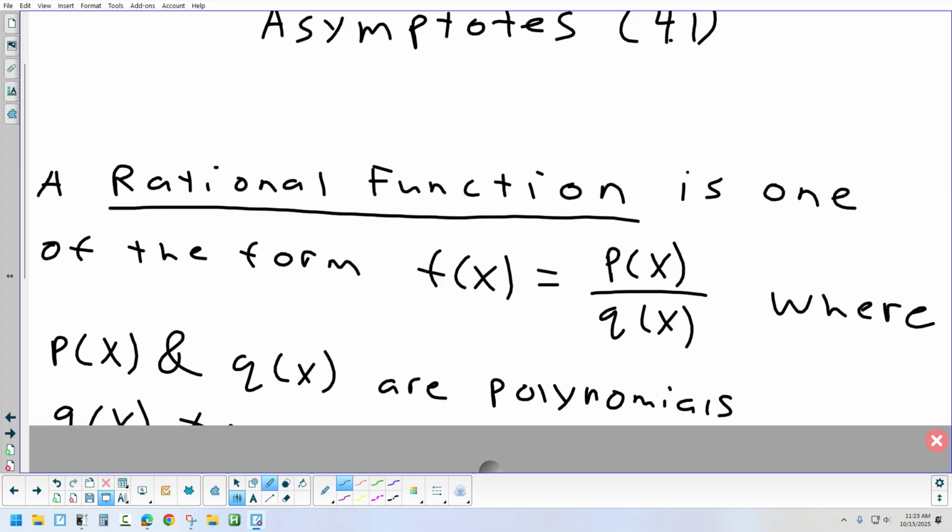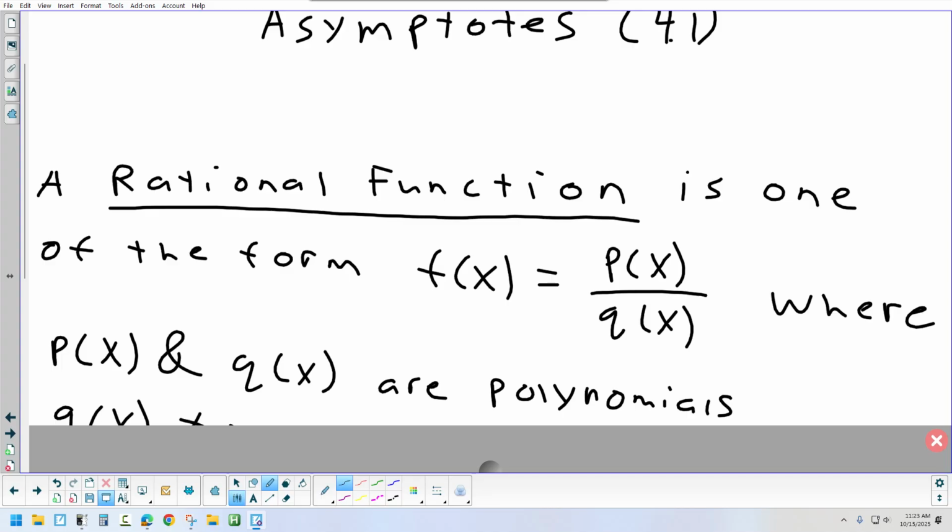When we were dealing with just polynomials, what was the domain for polynomials? Yep. It was all reals. Now we're dealing with a polynomial in the top and a polynomial in the bottom.